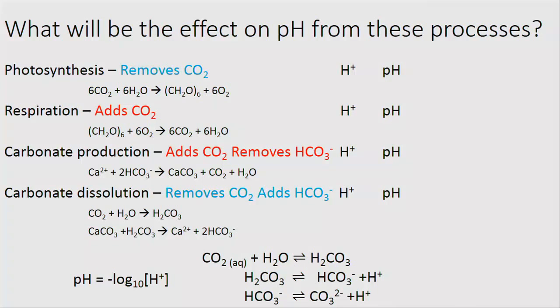So when you've got lots of hydrogen ions, this number is negative, small. Whereas if you've got very few of them, this becomes less negative. Sorry, if this is very small, then this is positive.